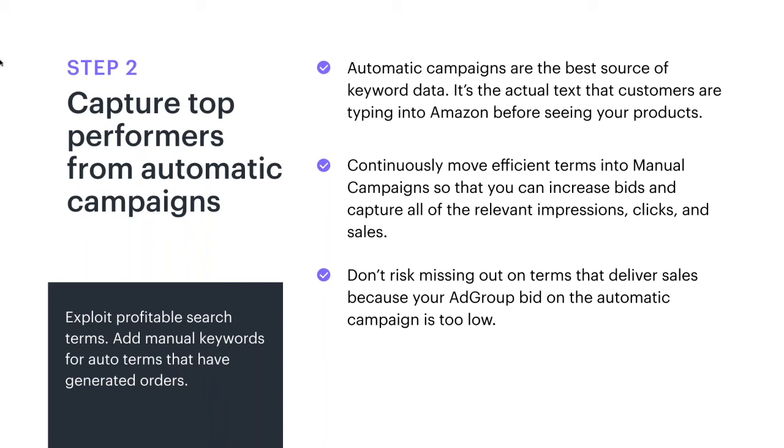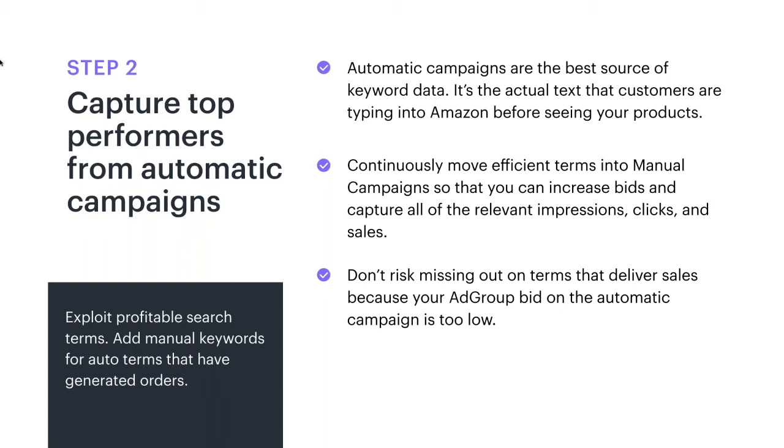So the steps here on number 2 are capturing those top performers. So we've talked about this, and it's the best source of that keyword data is those automatic campaigns. It's not some external tool. It's using Amazon search term data through the automatic side and converting those over to the manual.